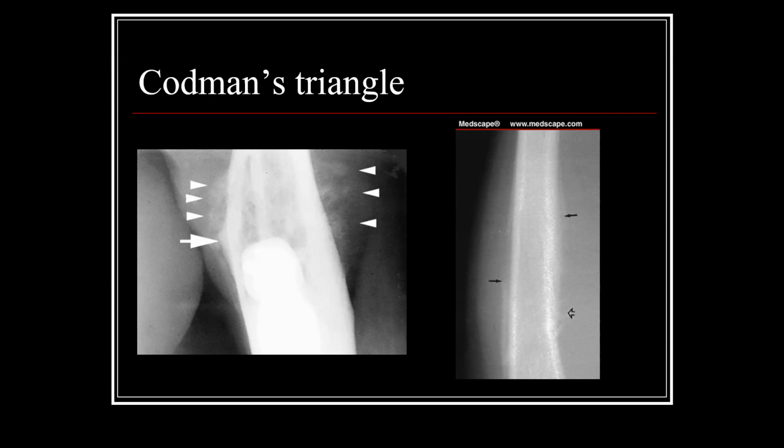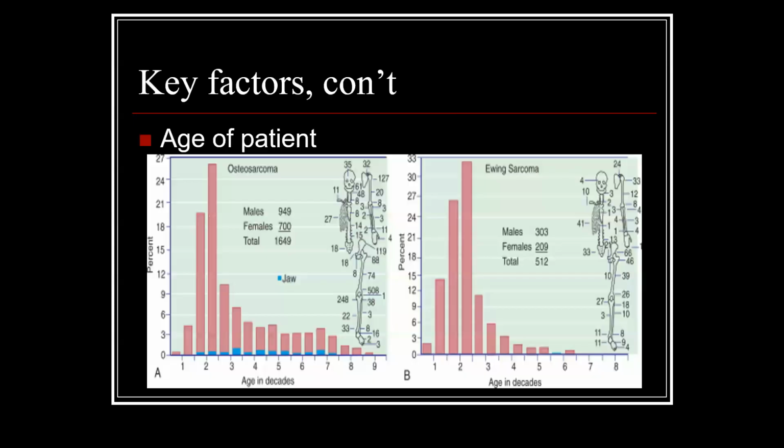Sometimes this can be very useful in terms of defining a lesion that's invading or elevating the periosteum, that's expansile, potentially permeating it. But it also should be an area that's not biopsied, because if you can identify that Codman's triangle, you're usually going to get benign reactive bone in that location rather than the neoplastic lesion. And so if you're seeing that area in a biopsy, it either means they didn't biopsy the right area, or they were on their way through something to get to something deeper inside the bone.